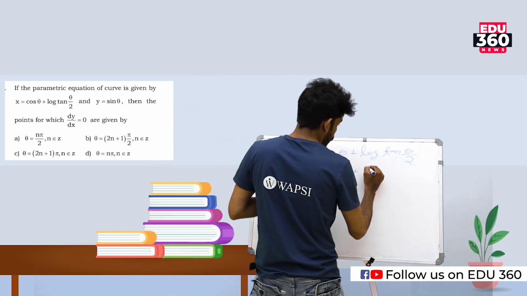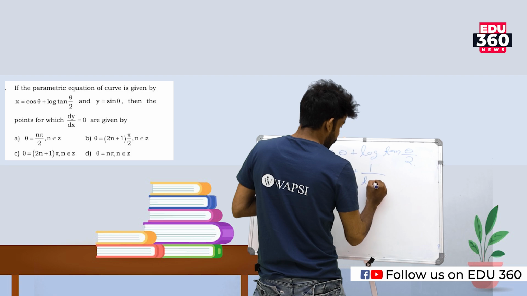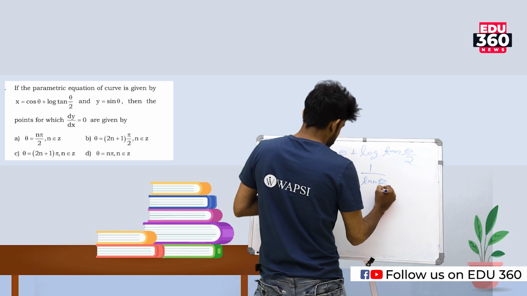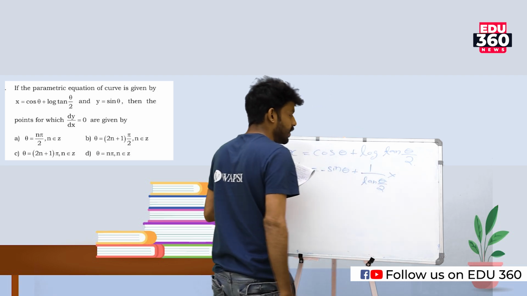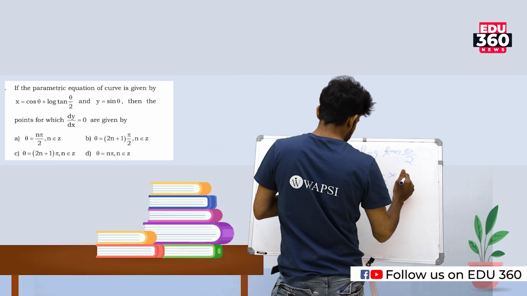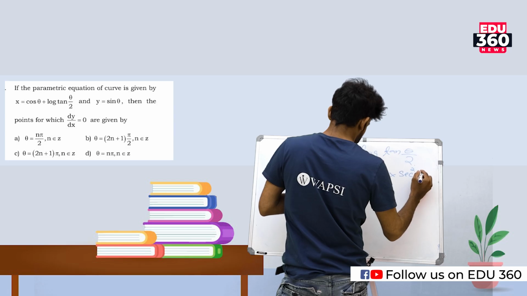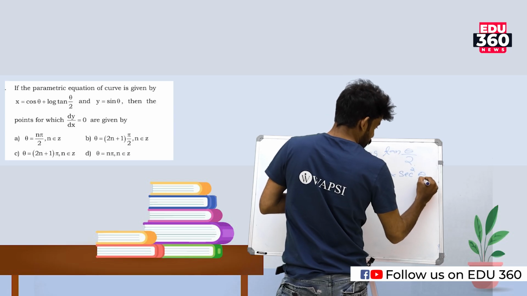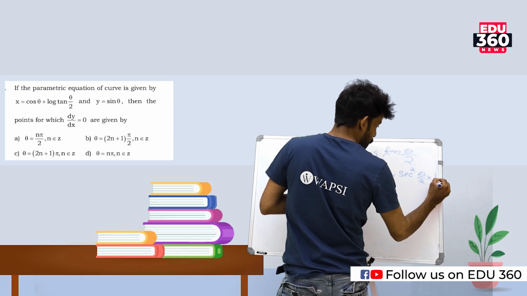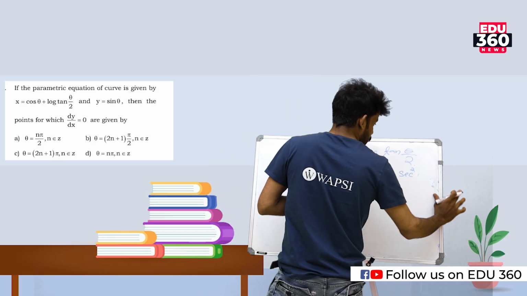If you are finding the derivative, that will be equal to 1 by tan theta by 2 into the derivative of tan theta by 2, that is sec square theta by 2 into 1 by 2. Let me write it once again.